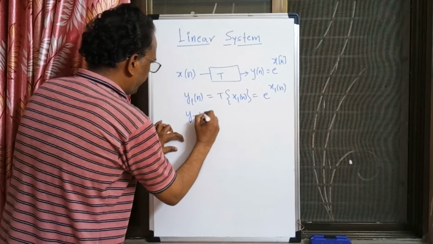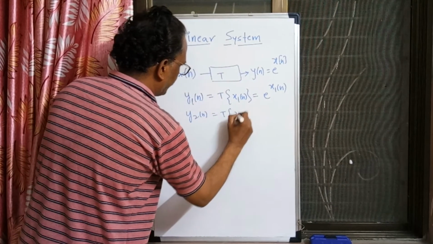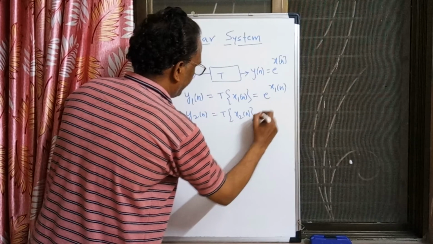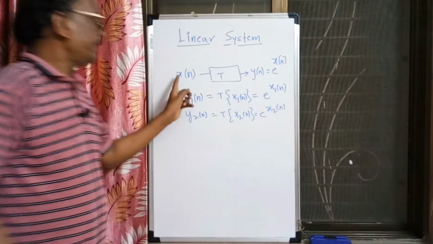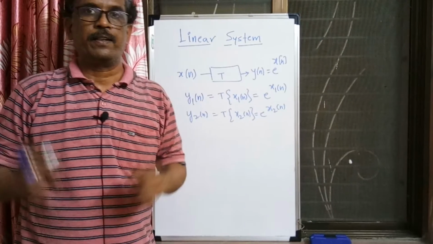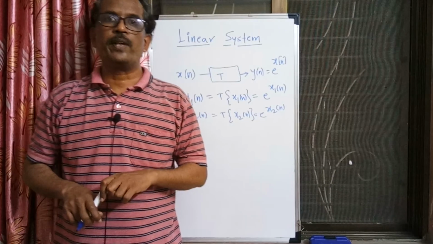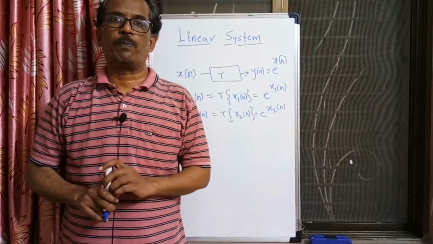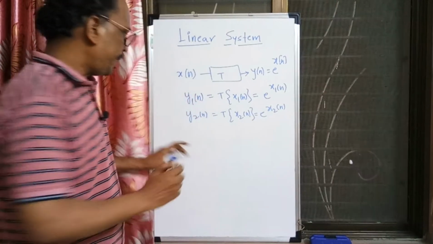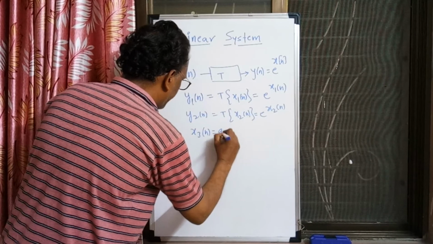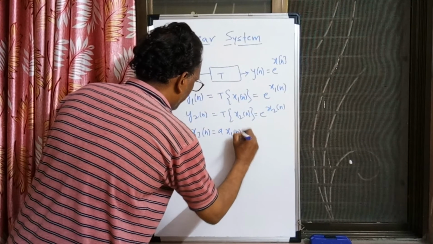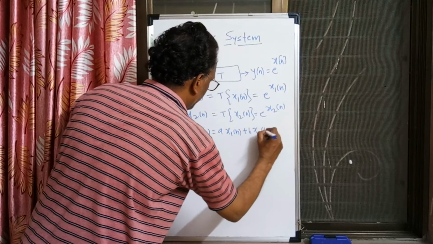If the input is x2[n], the response will be e to the power x2[n]. Now if I apply a third input, x3[n], which is a times x1[n] plus b times x2[n], right?